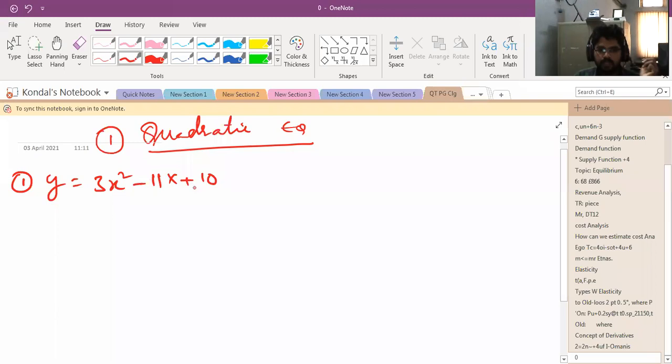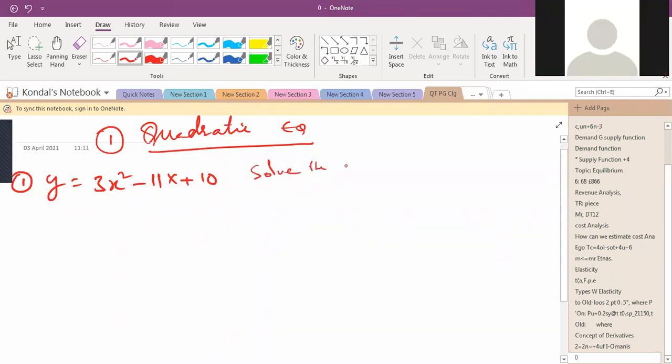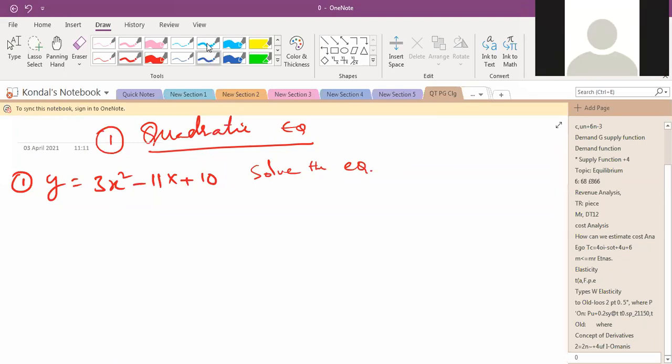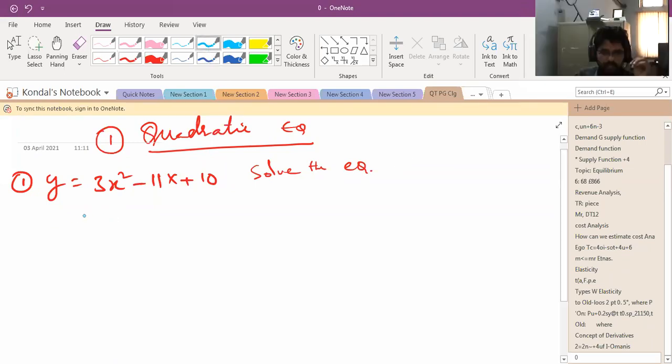So this is the equation. They may ask the question: solve the equation. In terms of derivatives, they will ask to solve the equation by using derivatives, for example. Here, the principle is nothing but a formula.